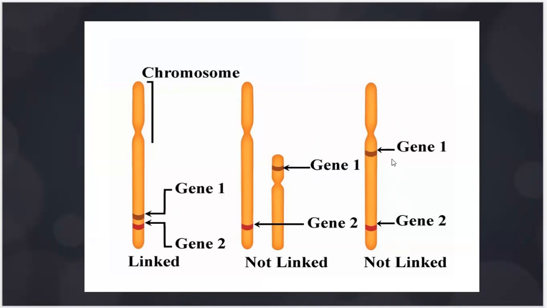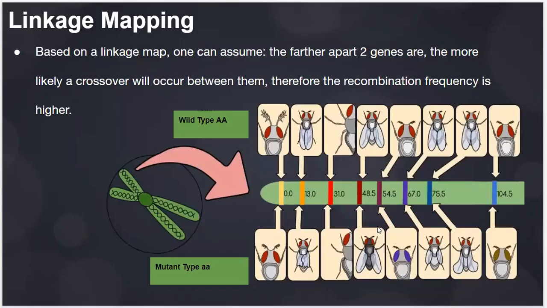Gene 1 and gene 2, you can see there is quite a lot of difference between the two. So based on the linkage map, one can assume the farther the two genes are, the more likely a crossover will happen between them, and therefore the recombination frequency, or the number of recombinants that can be obtained, will be higher.